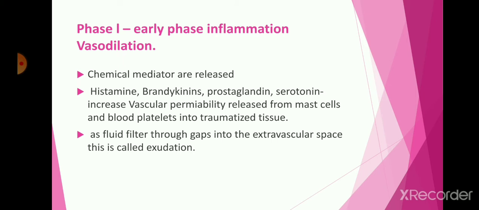Secondly, fluid filters through the gaps into the extravascular space. This is called exudation. Whenever vasodilation occurs, the diameter of the blood vessel increases, so the fluid of the blood, that is plasma, gets outside at the injured site, and we see swelling at the injured site.